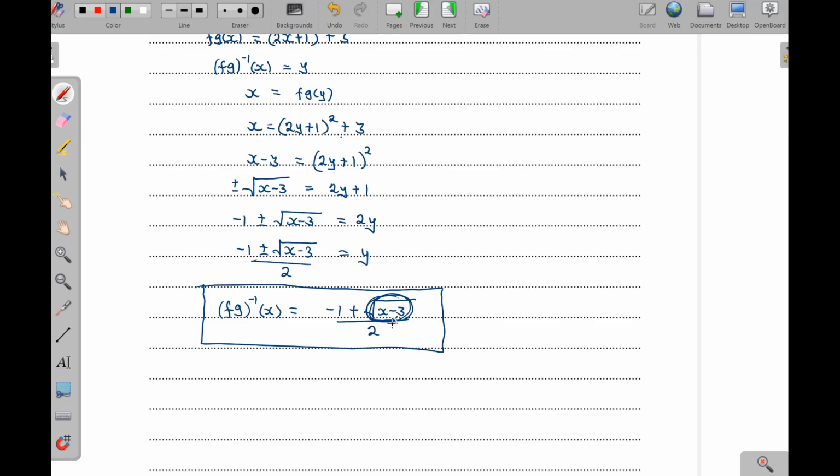To 3 and bigger, okay, and bigger what? Values. So I will say for fg inverse to be valid, the square root of x minus 3 must be greater or equal to what?